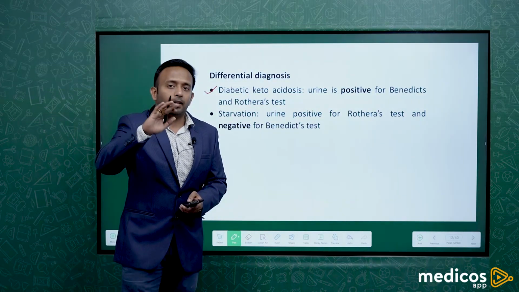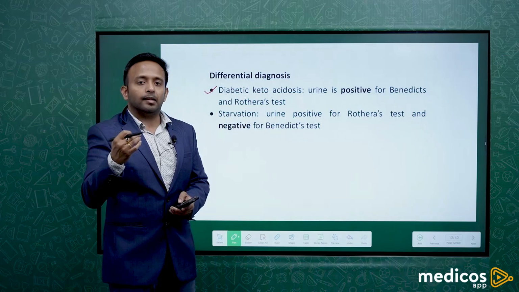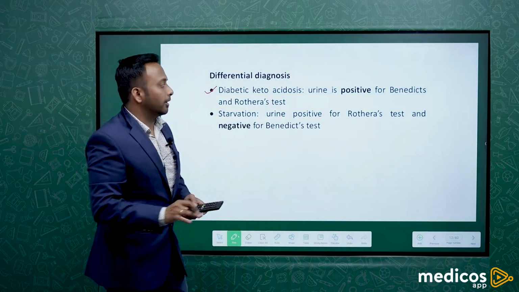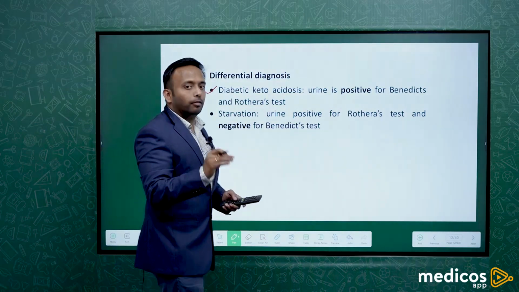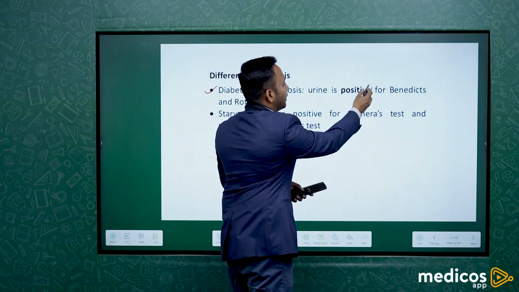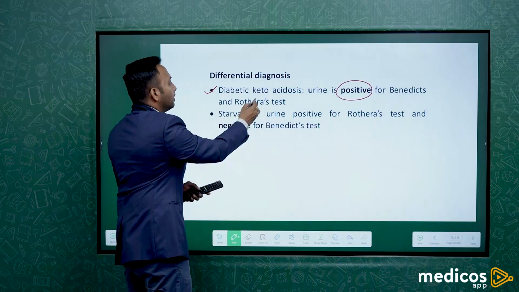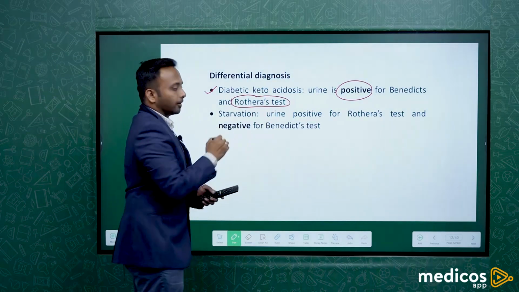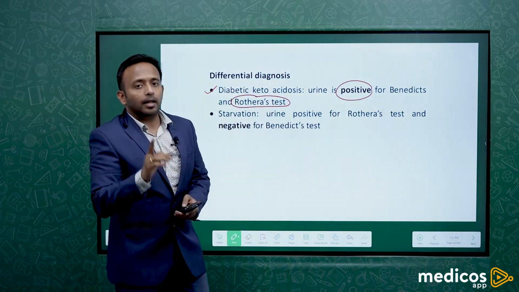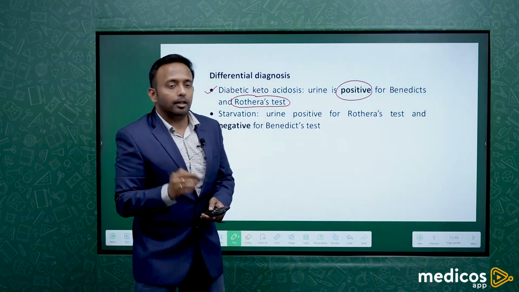Ketone bodies are also very high because cells sense it as no glucose or low glucose level. So, when you do the urine testing for glucose, the Benedict test will be positive in DKA, and Rothera's test for the ketone body is also positive. So, both glucose and ketone body are positive in DKA, or diabetic ketoacidosis.